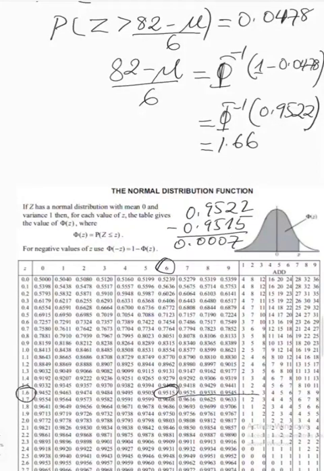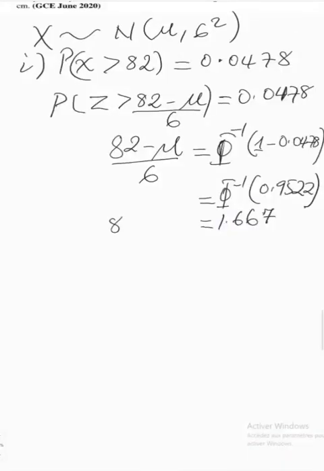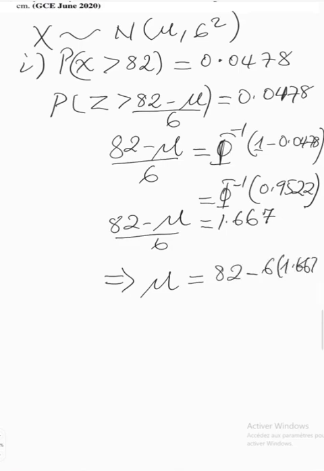So a probability value of 7. We have to locate it horizontally at the add section, and it is found here. So the value at the top that corresponds to that difference of 7 is 7 itself. So we have the third decimal place of our z score as 7. So 82 minus mu all over 6 should be equal to 1.667, so that we have mu equals 82 minus 6 into 1.667, which gives 71.998.